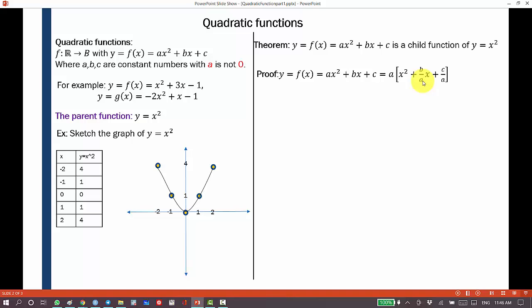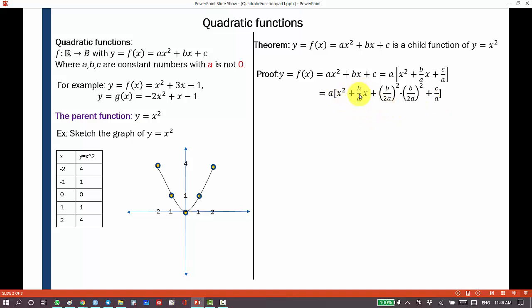Then we add, of course, and subtract that term. In other words, we have a times x squared plus b over a x. What we have done is divide b over a by 2, which is b over 2a, and square it. We have added this and we have subtracted this so that the equation remains the same. Of course, c over a remains here.